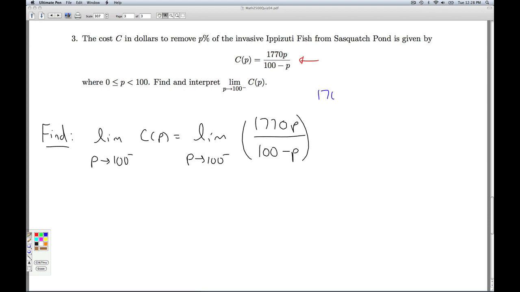I get 1770 times 100, which is 177,000. On the bottom, I get 0. So I have the limit does not exist. I'll just put it that way.